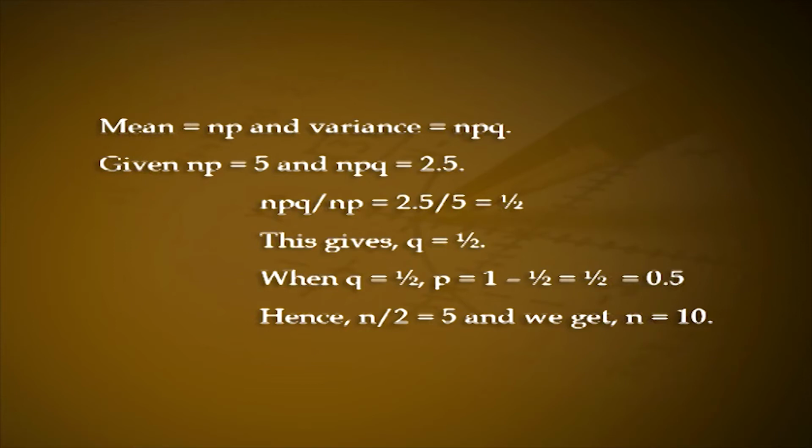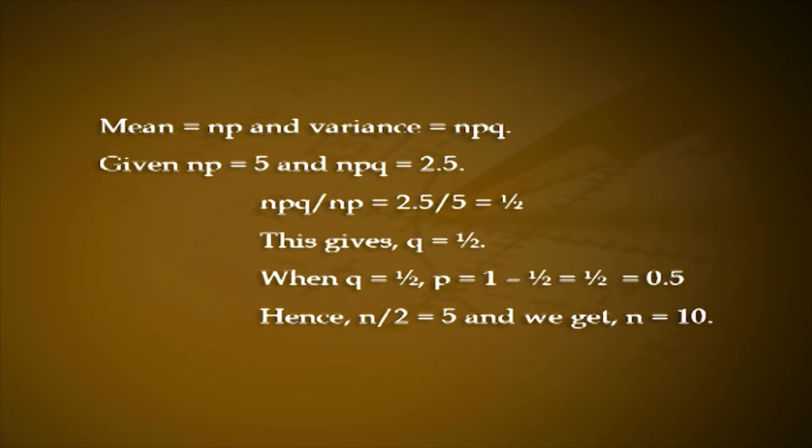Problem 5. If X is a random variable with mean 5 and variance 2.5, find P of X greater than or equal to 2, and the mode of X. Solution. If X follows binomial distribution with parameters n and p, mean equals n into p and variance equals n into p into q.